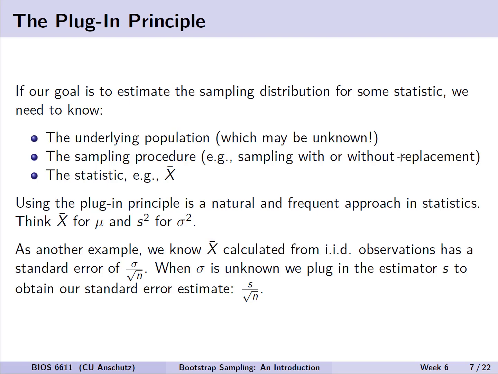Now, of course, we often don't know the population variance or standard deviation, so we just again plug in that estimator s for the sample standard deviation to get our sample standard error estimate of s over square root of n. So intuitively, we actually do this a lot in practice, even though we don't always explicitly note that this is how we're deriving or estimating these different components.